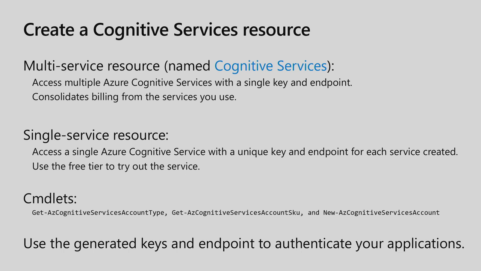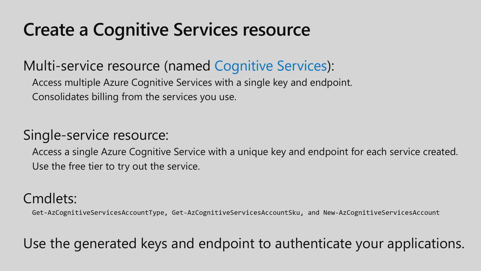Then it will also consolidate your billing cost. But if you want to try it for free, then you can go with a single service, and then for every service you will have a specific endpoint and specific API, but then you will have access to a free tier that you can try. And this is usually how people start working with it, especially when they experiment at the beginning.